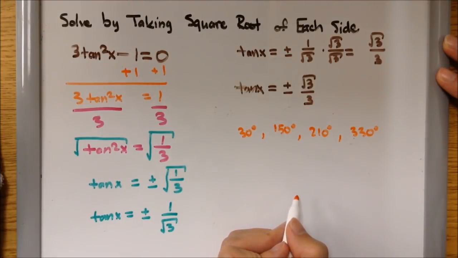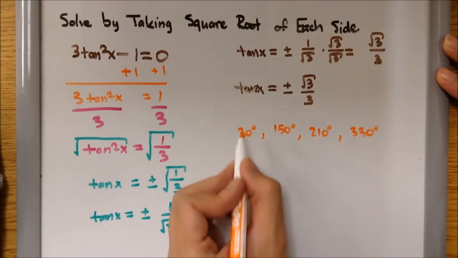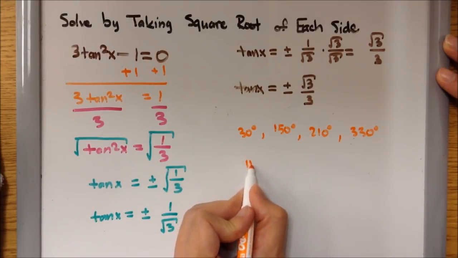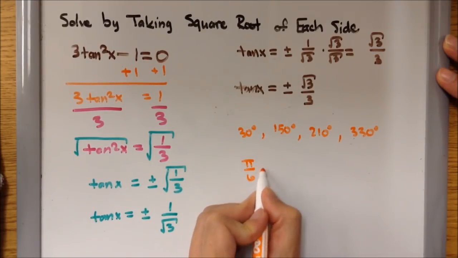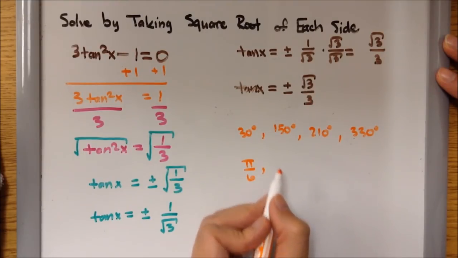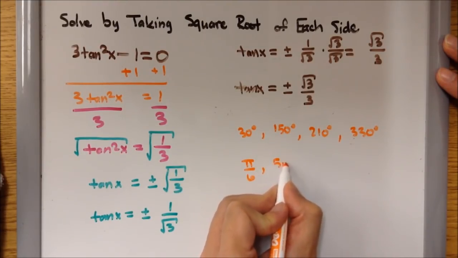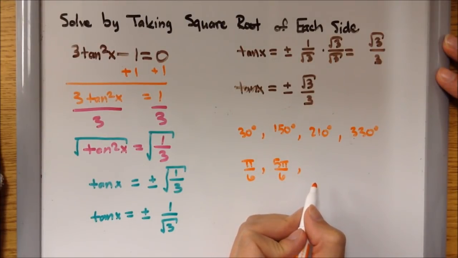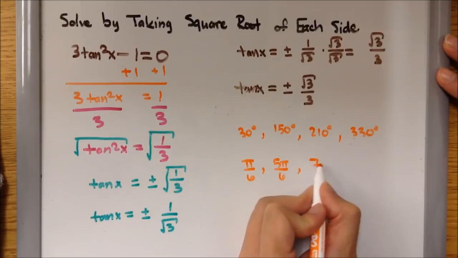Now, if I were to ask you in radians, the radian equivalent for 30 degrees is pi over 6. The radian equivalent for 150 degrees is 5 pi over 6. The radian equivalent for 210 degrees is 7 pi over 6.